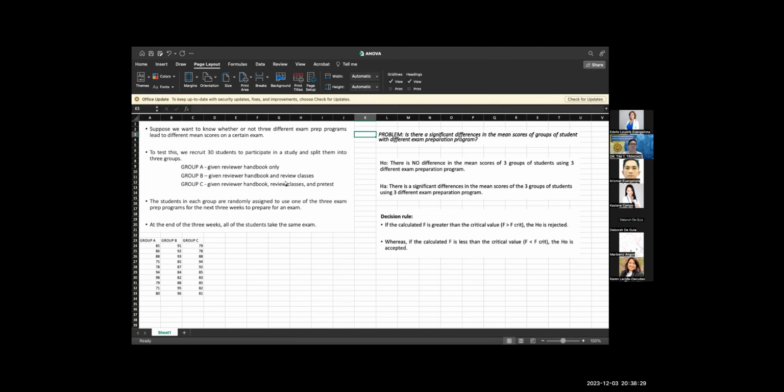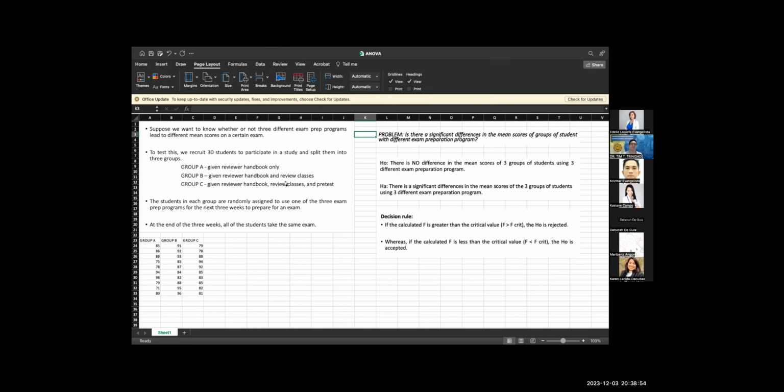So the students were assigned randomly into 3 groups and given those 3 different types of exam preparation programs. Then after 3 weeks, we will see if there is a difference in their mean scores among the groups.